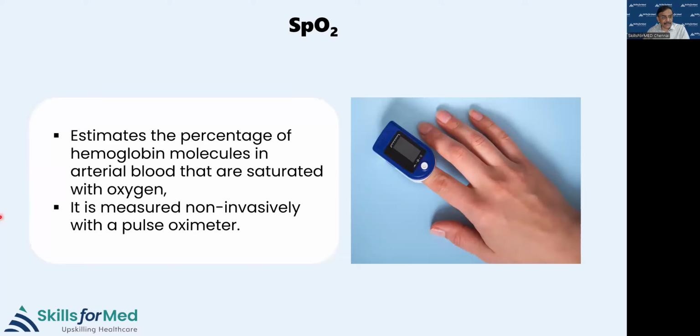Basically, it estimates the percentage of hemoglobin molecules in the arterial blood that are saturated with oxygen, and it is measured non-invasively. You just put it on the finger, very convenient. That is known as the blood oxygen saturation level, in short SpO2.